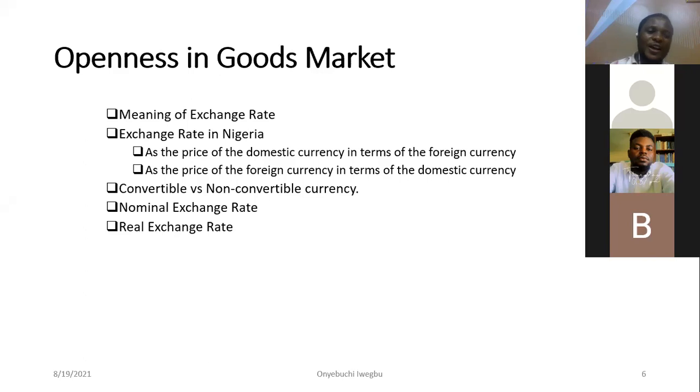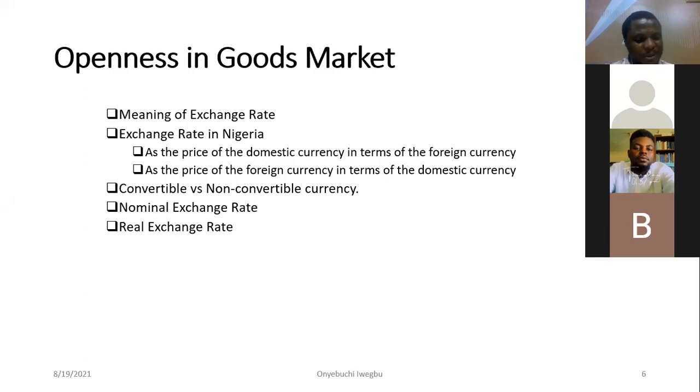That is exchange rate. You know that. That is not something I should be defining. Now let's look at how we explain exchange rates.